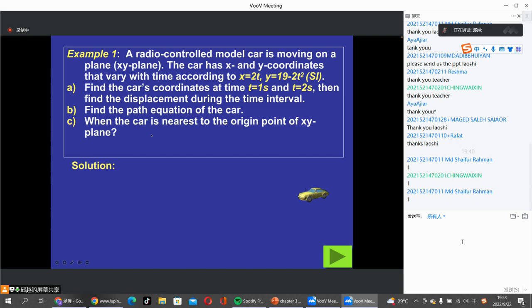Okay, first, I will give you 5 minutes to solve this problem by yourself. I hope every student can type your answer in the chat box so I can know how many of you have learned the calculation of vectors.